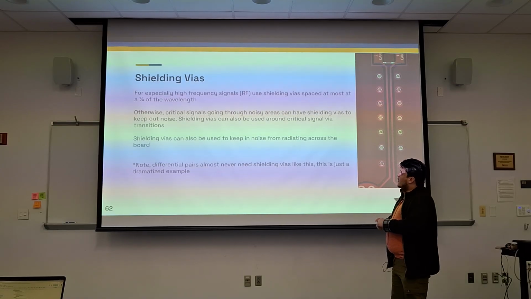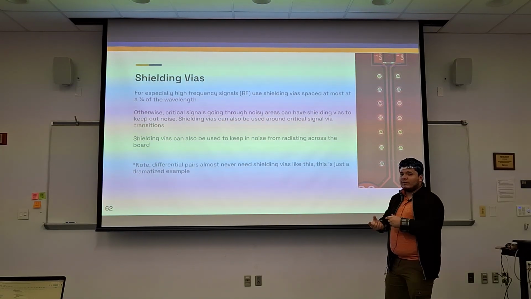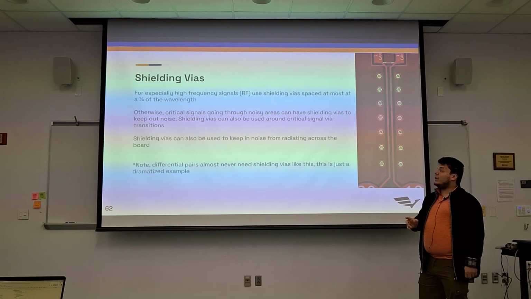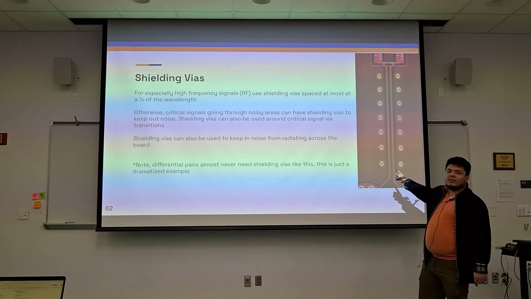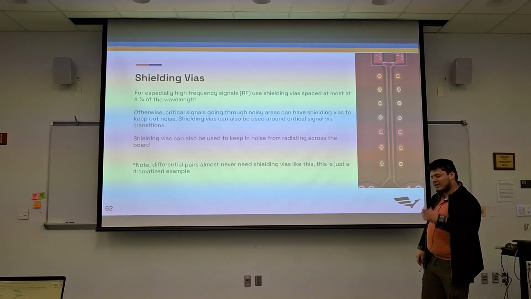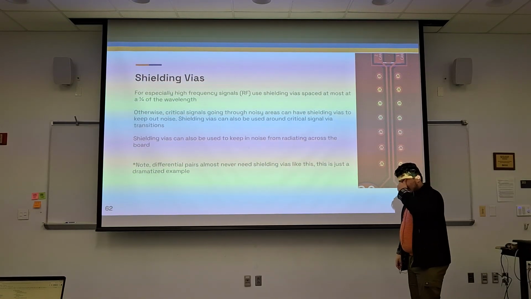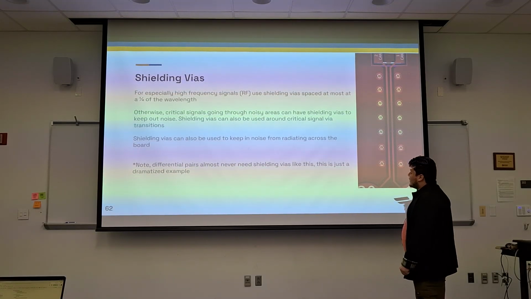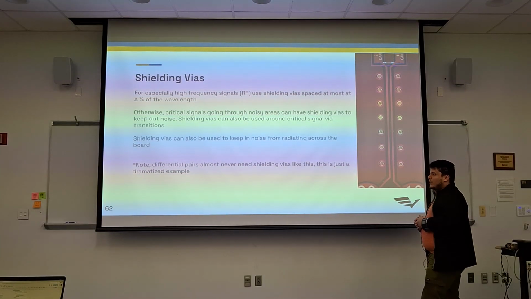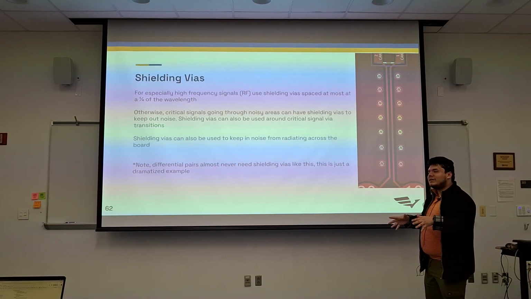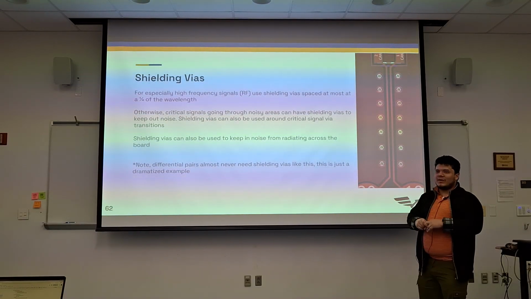When we're talking RF frequencies, which are very short wavelengths, we want to space these at about 1/4 of the wavelength. This is extremely overkill. You're almost never going to need stitching vias for a CAN bus, but this is just kind of an example on how this works, because I think I saw on one design where they used 2 ground traces to kind of shield. Don't do that.